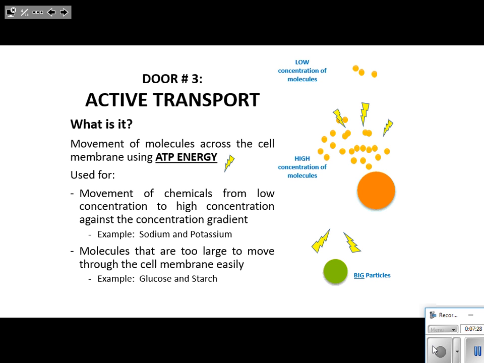It is the movement of molecules across the cell membrane that requires energy, and we get that energy from ATP. The movement is from an area of low concentration to an area of high concentration. So we are moving against the concentration gradient.